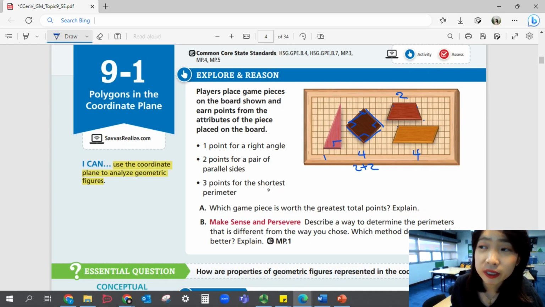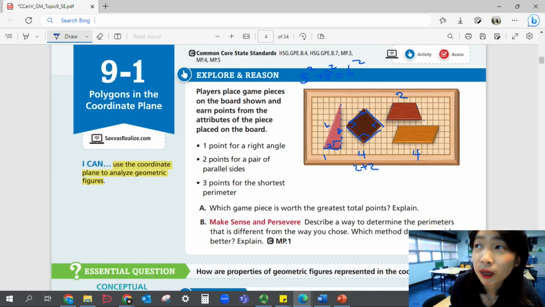Let's check for the shortest perimeter. So you have to count it. 1, 2, 3 units. Then 1, 2, 3, 4, 5, 6, 7, 8 units for the side. And then this is the hypotenuse, so you'd have to use the Pythagorean theorem. 3 squared plus 8 squared equals the hypotenuse, h squared.